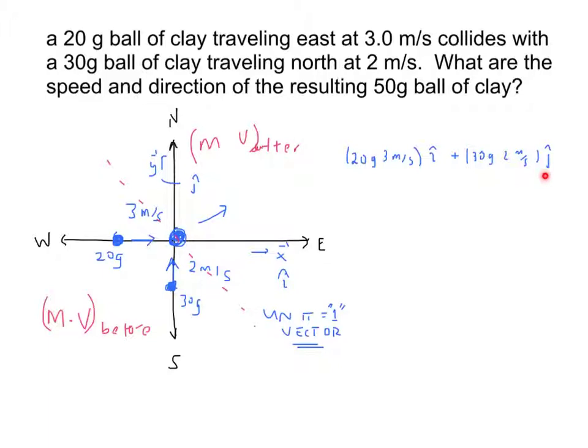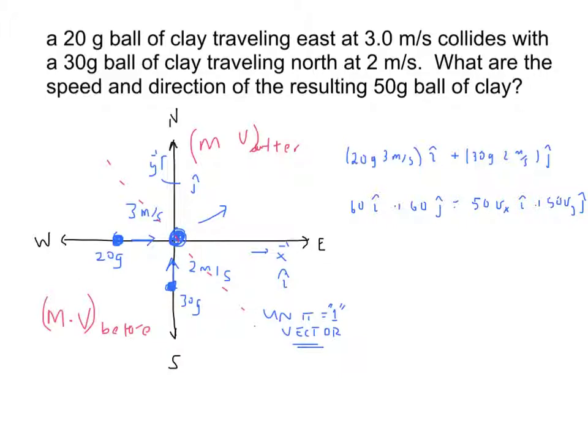So let me rewrite this, dropping the units for a bit: 60i plus 60j equals 50 grams times the velocity, 50 vx times i plus 50 vy times j. These are meant to be grams.